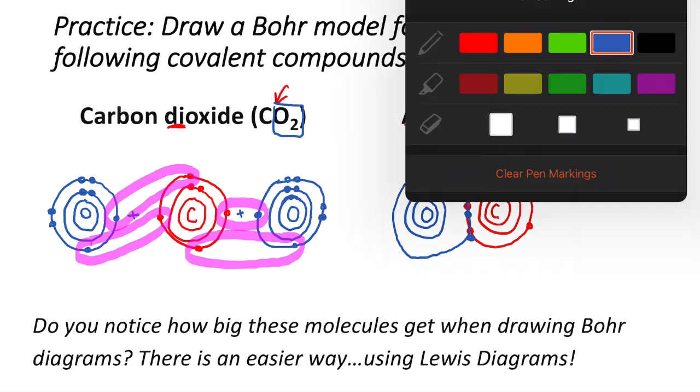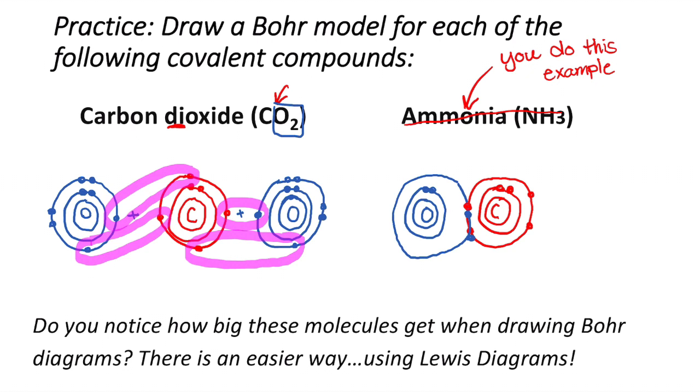And I'm just going to make the red ones a little bit more clear here. So there we go. So you can see now they're sharing those electrons. And then we want to fill in the remaining ones that were already paired up with themselves in oxygen. Okay, so like this.